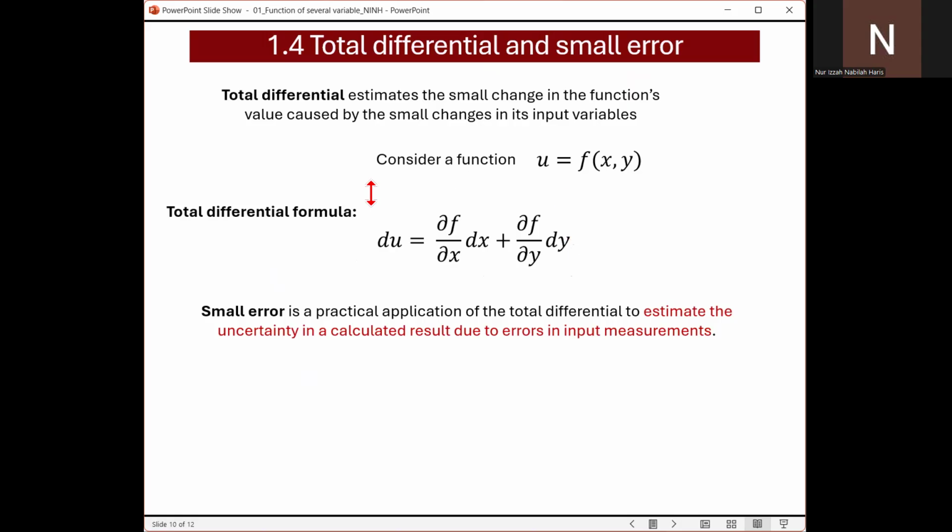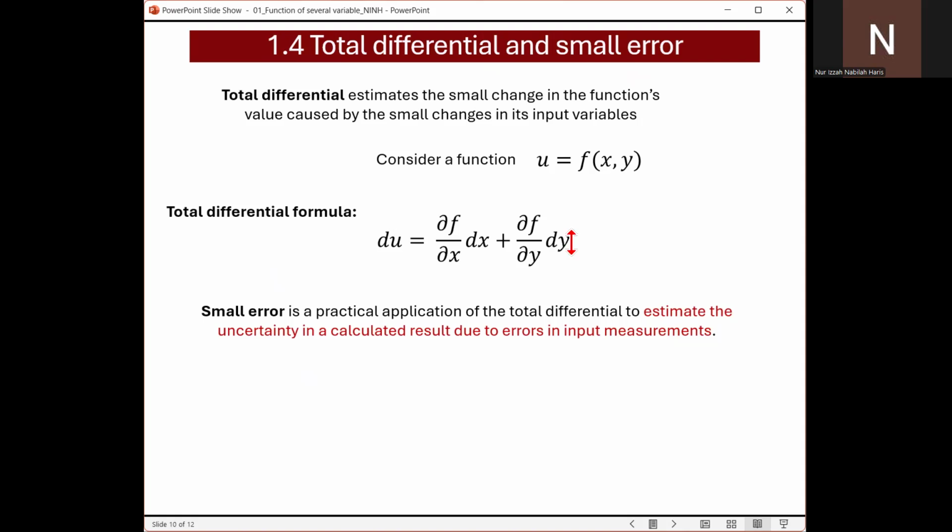This is one of the applications of partial differentiation, whereby you will get a total differential. And from this total differential, you can use it to estimate the uncertainty or error in a function. So small error is a practical application of total differential to estimate the uncertainty in a calculated result due to errors in input measurement.